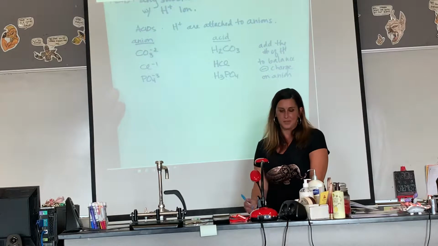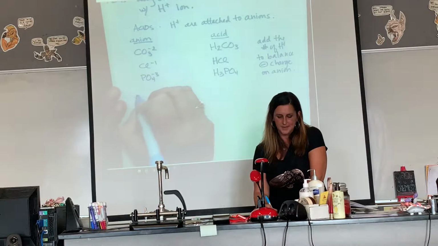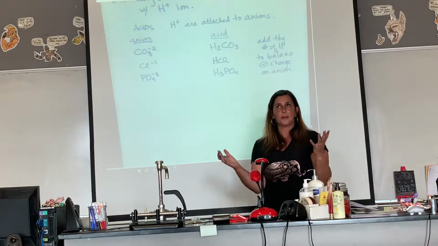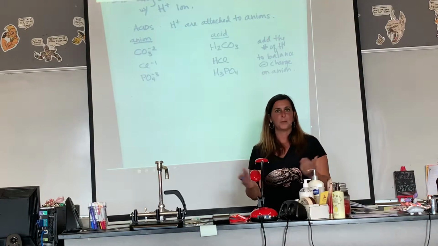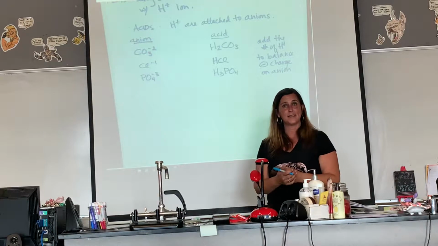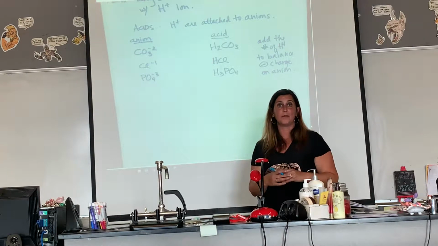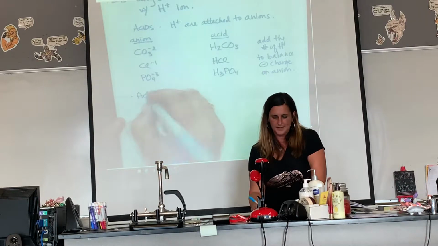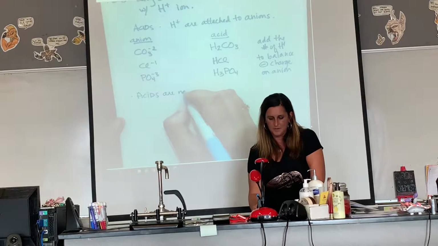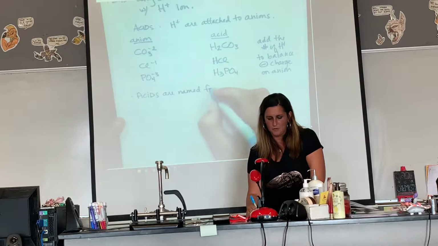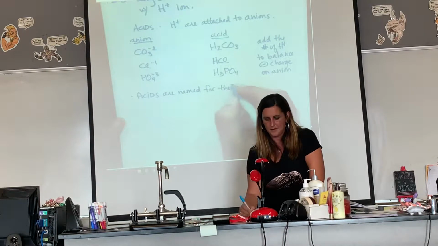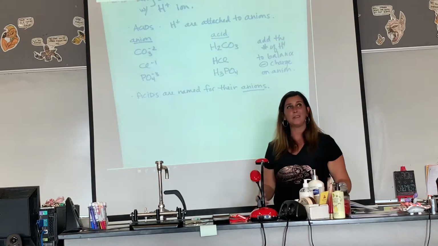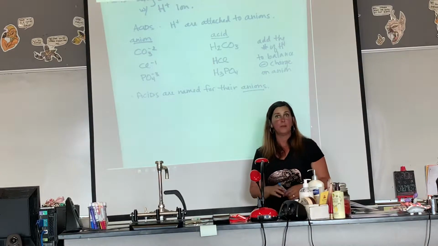Now nomenclature, or naming of acids. The guiding principle is that acids get their name from their anions. So acids are named for their anions, kind of like we get our last name from our parents.